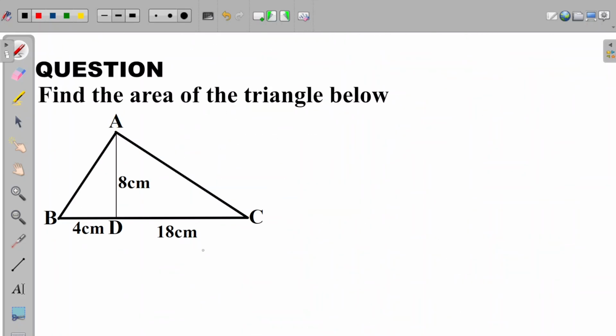Now, the next question says, find the area of the triangle below. So we have a triangle that has vertices A, B, C, and we should obtain the area of the triangle. Recall that the area of a triangle with a perpendicular height and a base is given as 1 divided by 2 multiplied by base times perpendicular height.